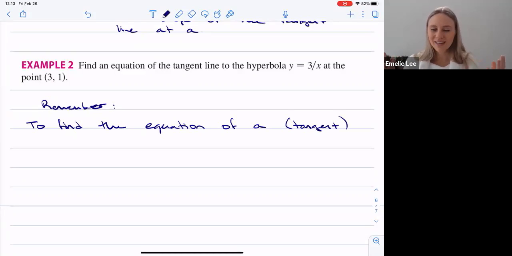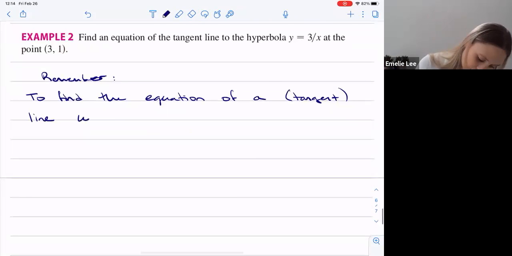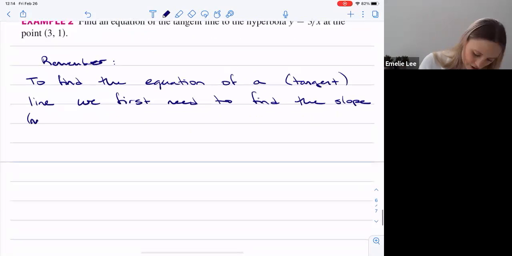So of course, a real focus is going to be equations of the tangent line. What's the slope of the tangent line, right? We're going to talk about the tangent line a lot. So to find the equation of a line in general, but definitely the tangent line, we first need to find the slope, which of course is m.